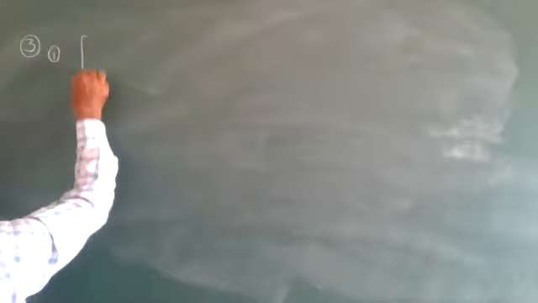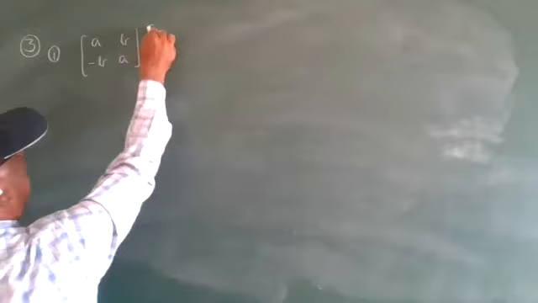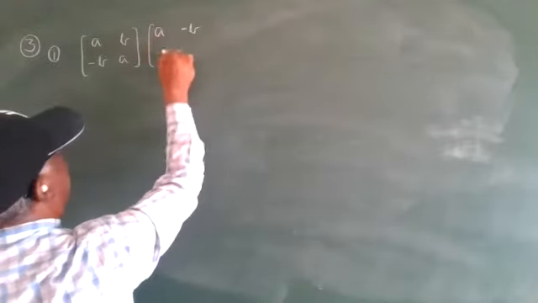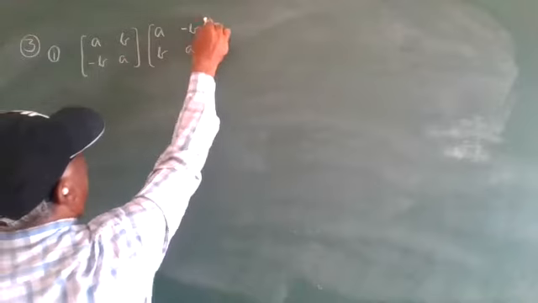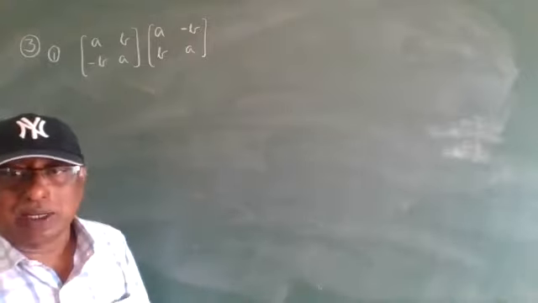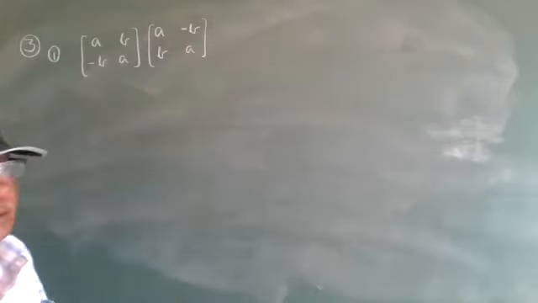Third problem, first bit. Compute the following: matrix A, B, minus B, A, multiplied with A, minus B, B, A. Multiplication means always one row to all columns.